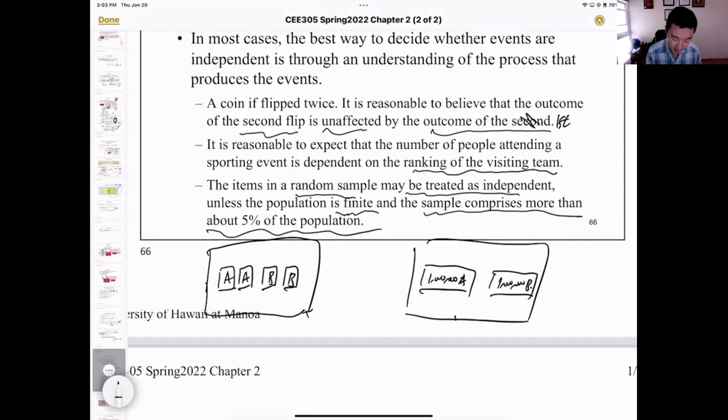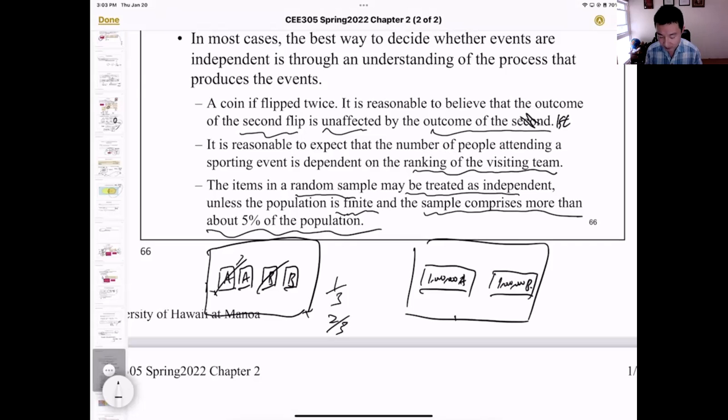In this case, because the population is so small, the second pick depends on the result of the first pick. For example, if the first pick is A, the probability the second pick is A will be 1/3. If the first pick is B, then the probability the second pick is A will be 2/3. So these two picks are dependent on each other.